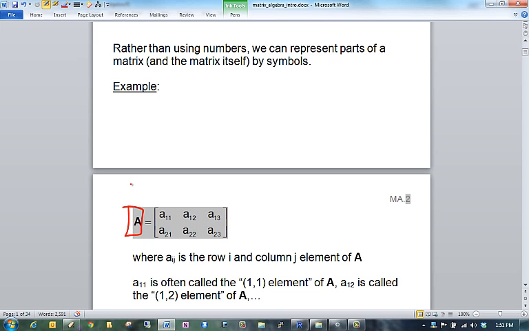And to denote its elements generically, I simply use little a's here. Notice the first number in the index is the row, and the second number is the column. This is standard notation in matrix algebra. The first index is always the row, second index is always the column. So for example, a sub 2,3 is row 2, column 3's element.